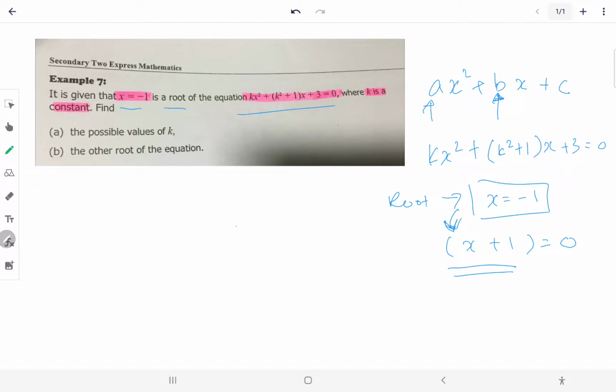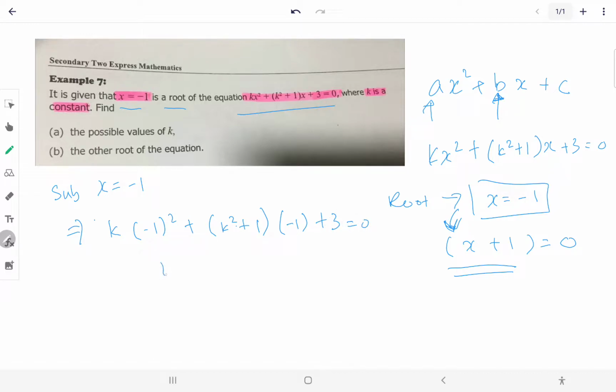So now you can find k. Let's put x equals minus 1. We substitute x equals minus 1 into this equation that was given. So you have k times minus 1 squared plus (k squared plus 1) times minus 1 plus 3 equals 0.